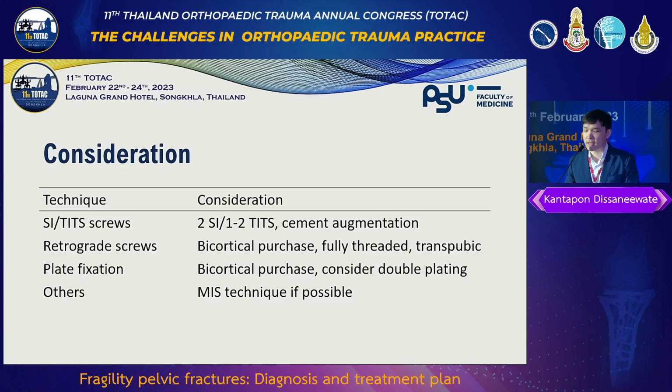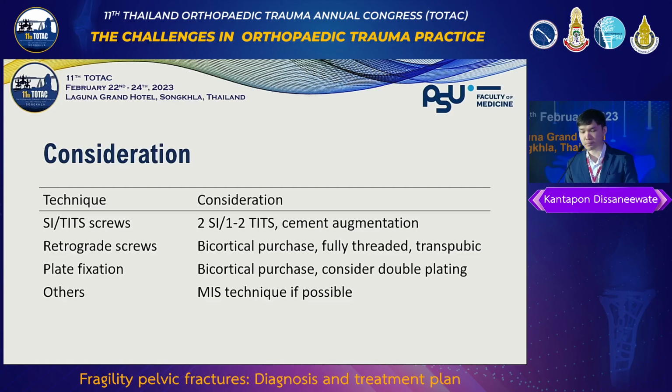The retrograde rami screw should have bicortical purchase and be fully threaded, with a transpelvic insertion point. For plate fixation, some studies say you should consider double plating for higher stability.